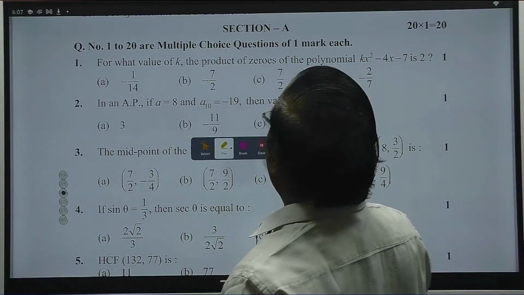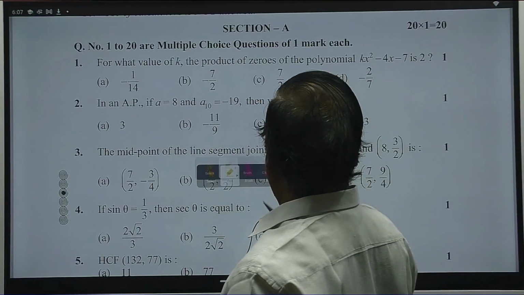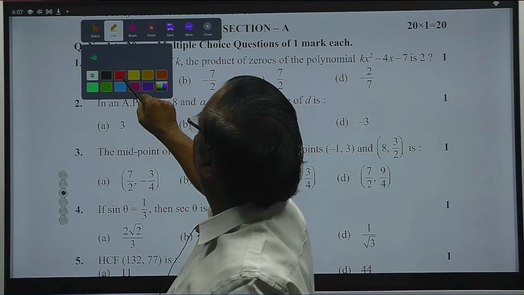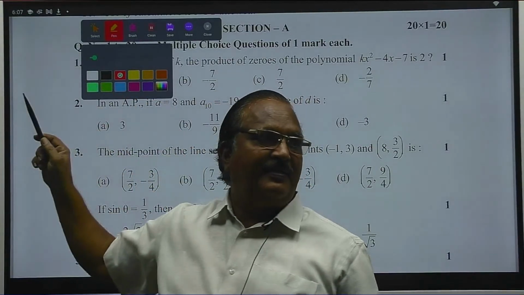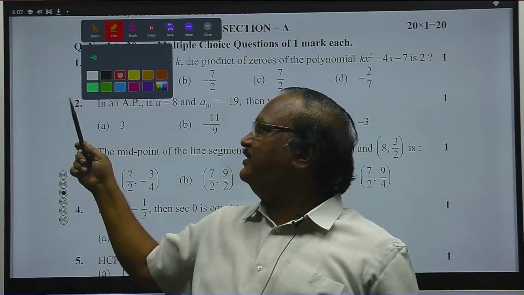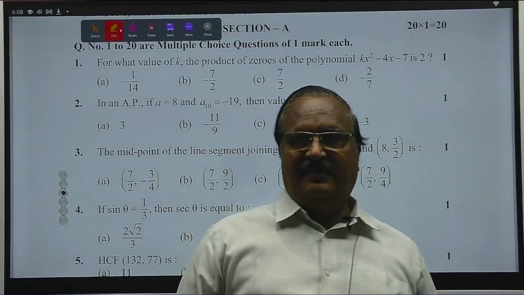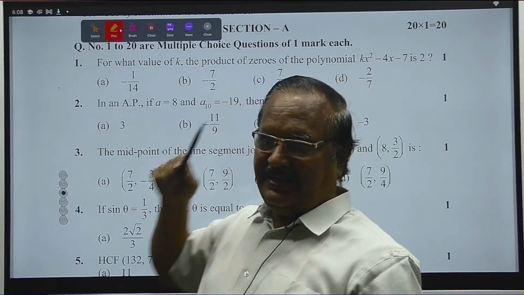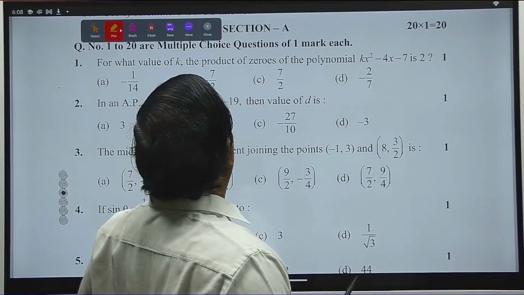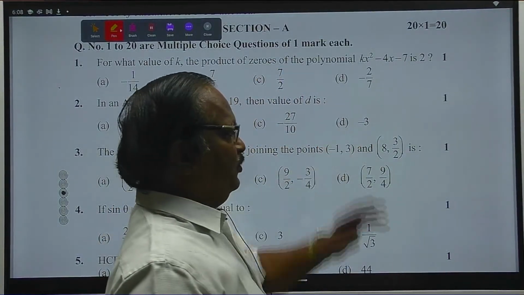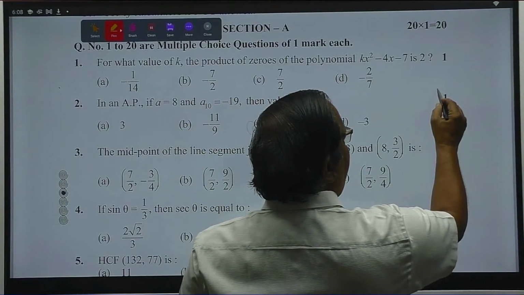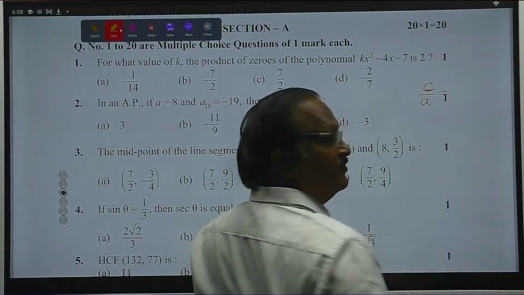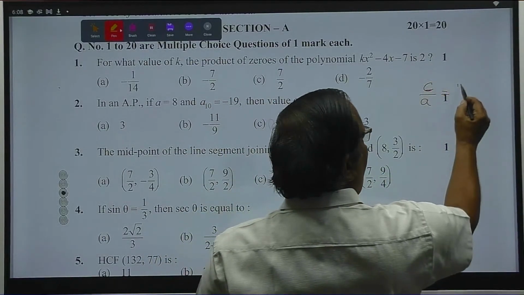So this is a polynomials question, an MCQ question, and the product of zeros is 2. So the product of zeros is c by a, which is equal to 2.